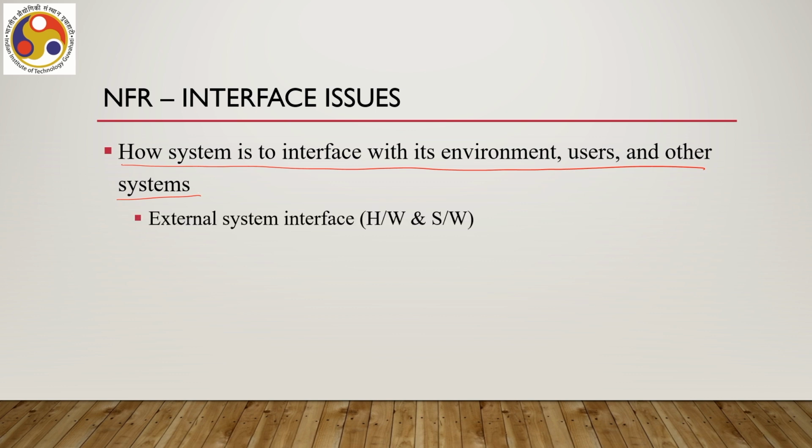Now, it has external system interface, that means hardware and software interfacing between the hardware and software, as well as user interface where usability issues come into the picture. Now, usability is our focus. External system interface we are not going to talk about much in this course.